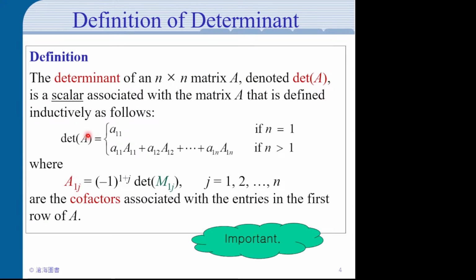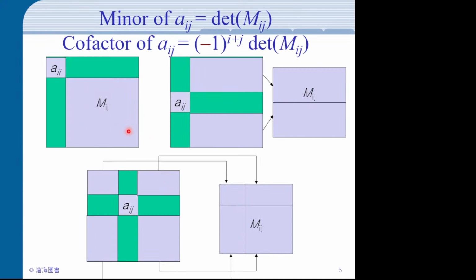This Mij, let's call it the cofactor matrix, is an n minus 1 by n minus 1 matrix. That's why we can do recursion: we go to the determinant of a smaller matrix, and its entries come from the original matrix.